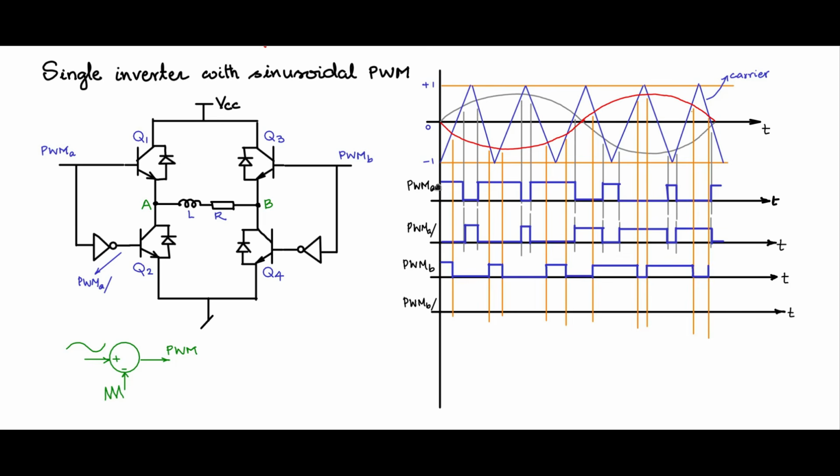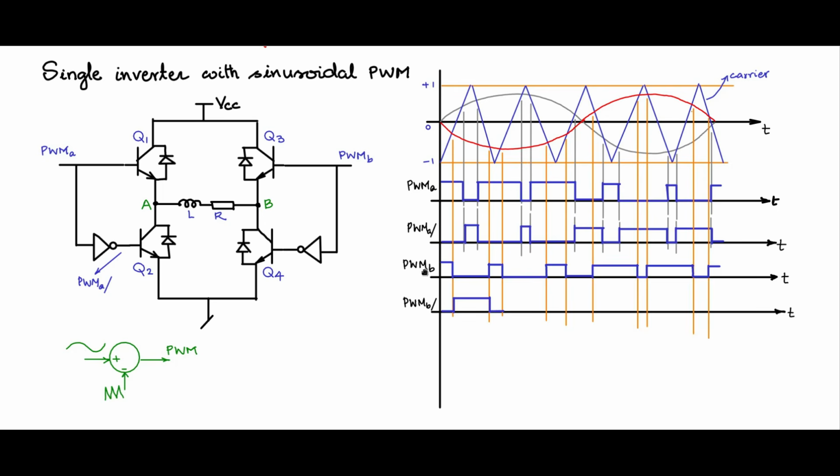Compare PWM A and PWM B. PWM A, you have more wider pulses during the time when this is positive. Likewise, PWM-B has more wider pulses when the 180 degrees phase shifted is more positive. So, PWM-B bar in a like manner can be obtained by basic inversion.